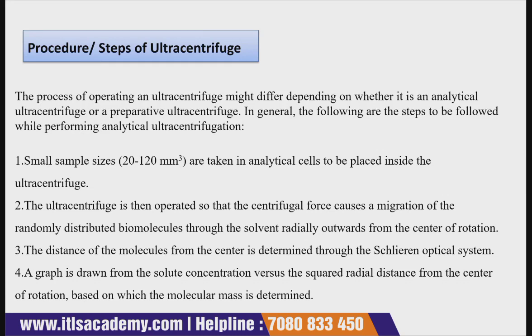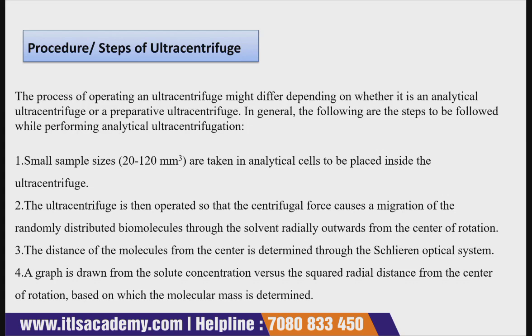A small sample size, that is 20 to 120 mm, is kept in analytical cells to be placed inside the ultracentrifuge. The ultracentrifuge is then operated so that the centrifugal force causes a migration of randomly distributed biomolecules through a solvent radially away from the center of rotation.